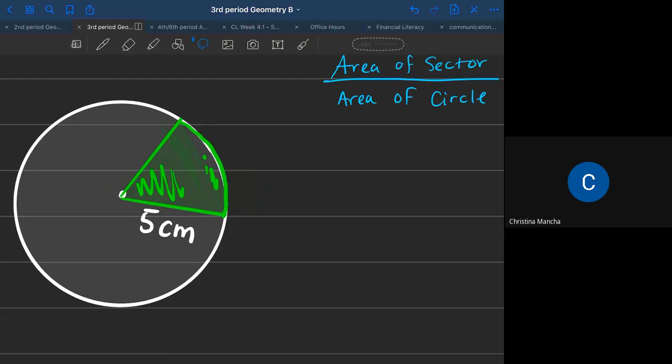So here we can say that our angle is, let's say this was 45 degrees. Okay. Trying to eliminate our shading. So here, this is our angle. Let's say that this is 45 degrees. Okay. And we want to identify the area of the inside of it.